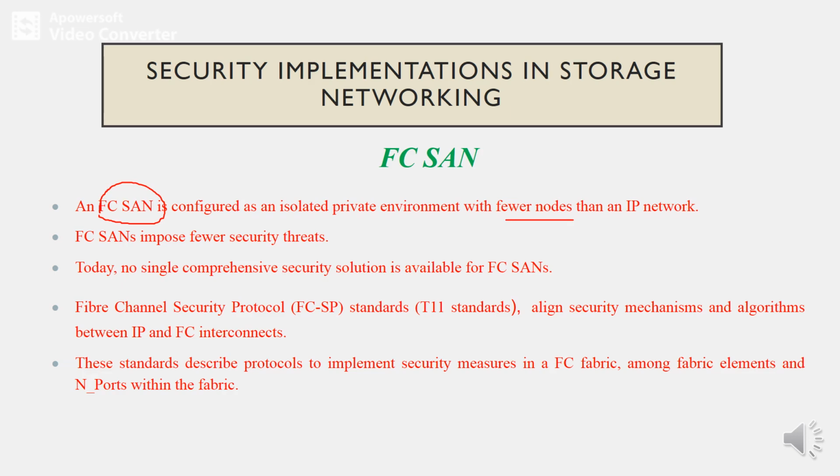FC SAN imposes a security level which is also less. The security level with respect to the SAN architecture is less, and nowadays no single comprehensive security solution is available for fiber channel SAN architecture.